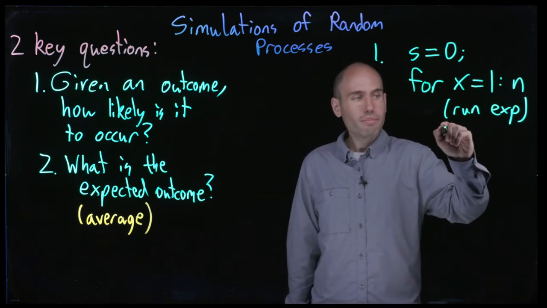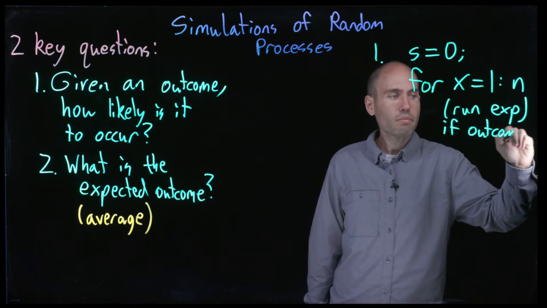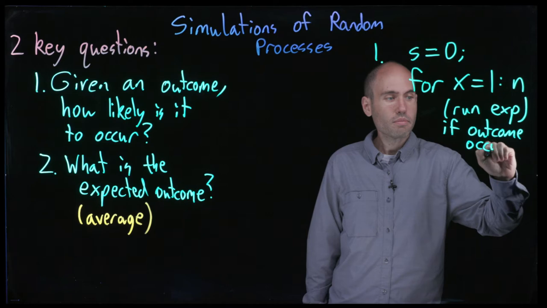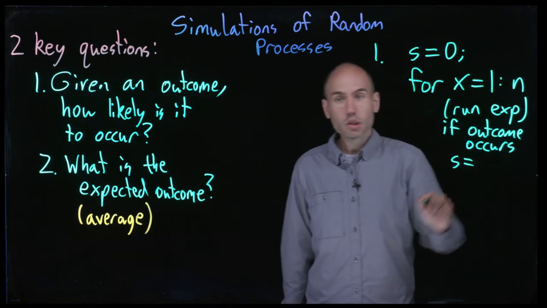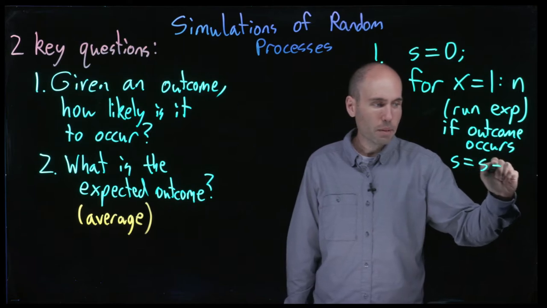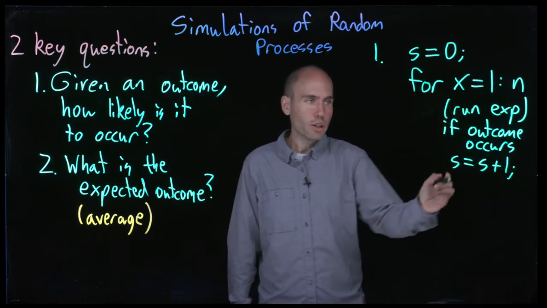And if the outcome occurs, then we're going to increase s by 1. So we're going to replace s with s plus 1. Otherwise we don't have to do anything.